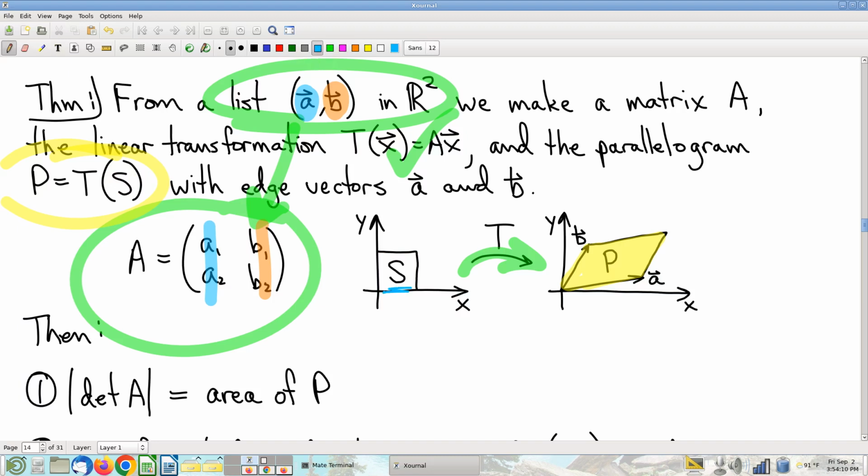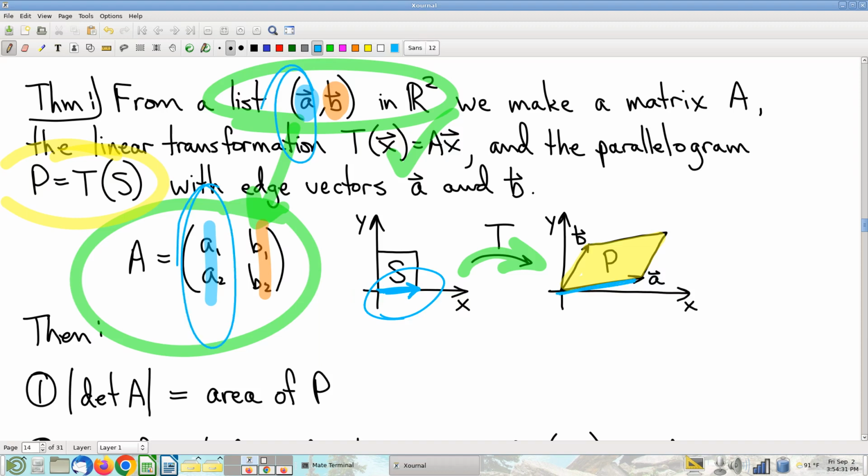So let's ask, what is the image of E1? There's E1, the first edge, if you will, of the unit square. The image of E1. Well, don't forget, images of standard basis vectors are columns. And so the image of E1 is going to be that first column. It's going to be that first vector.